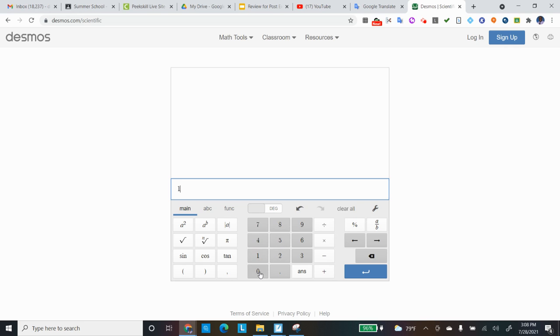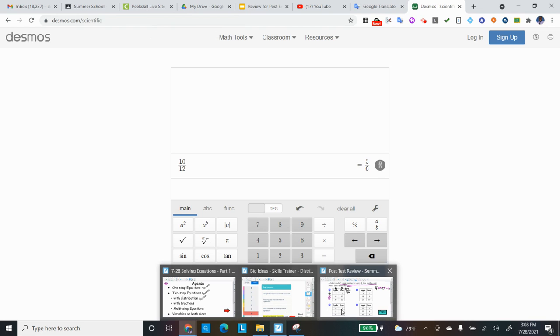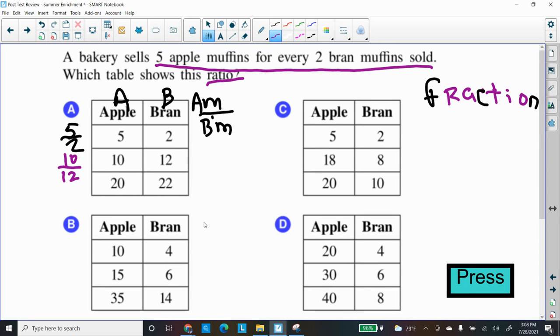So 10 divided by 12. And nope, that doesn't give us that. That gives us 5/6. So that's no good. So let's forget that one. So this one doesn't do it. So we don't have to check anymore, because if that one doesn't do it, the whole table is no good.